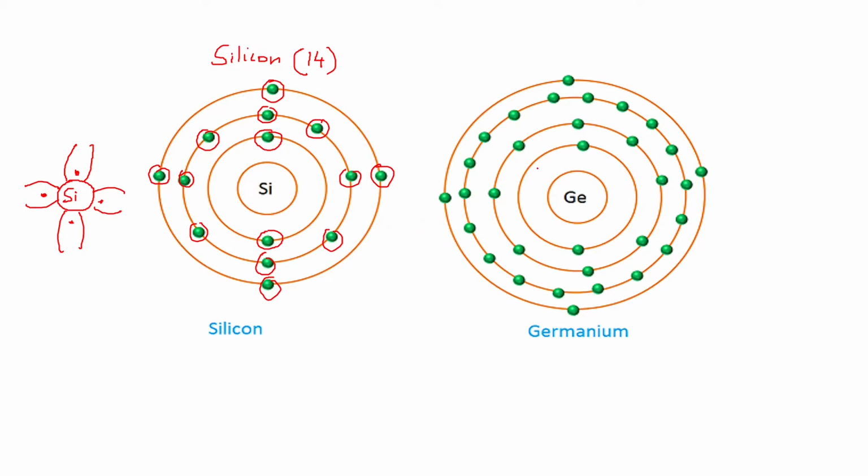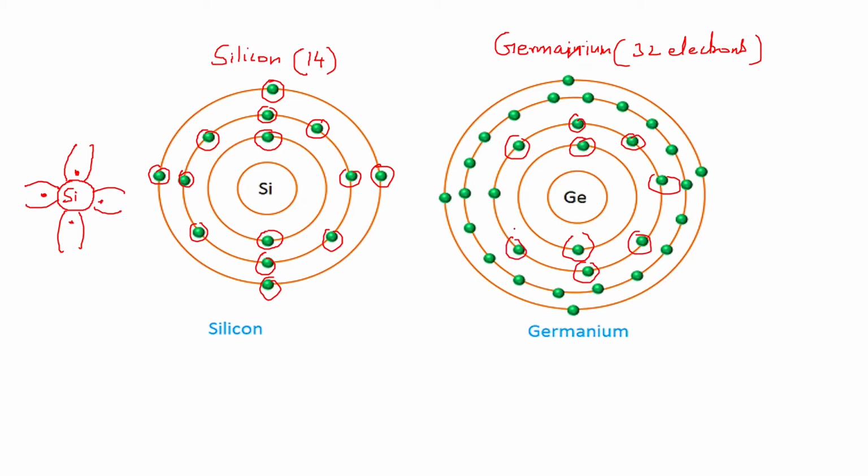Similarly, if you see germanium, the germanium atom will have 32 electrons in the orbits around the nucleus. Again, the first orbit will have 2 electrons, and the second orbit will have a maximum of 8 electrons.